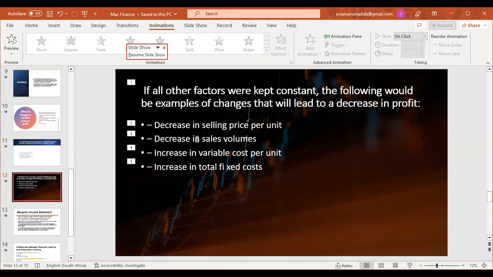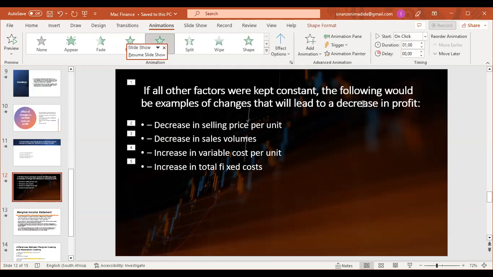If we decrease the sales volume, the units which are being sold, our profit will decrease. If there is an increase, guys, in variable cost per unit, the cost for manufacturing the product increases, our profit also will decrease. If we increase the total fixed cost, also our profit is going to decrease.